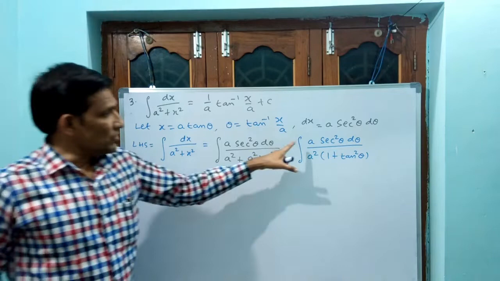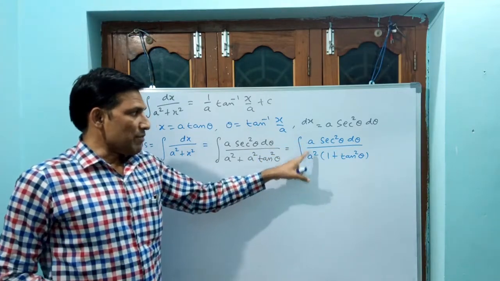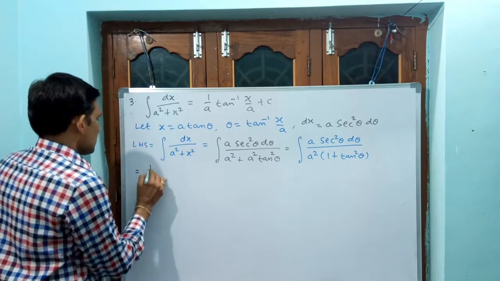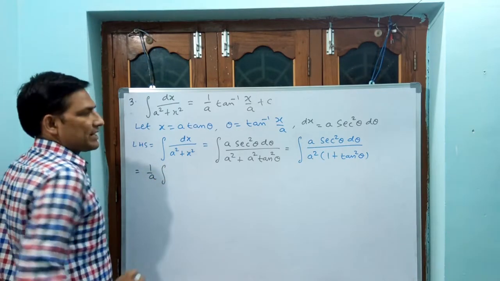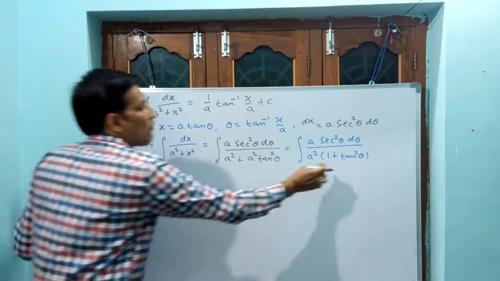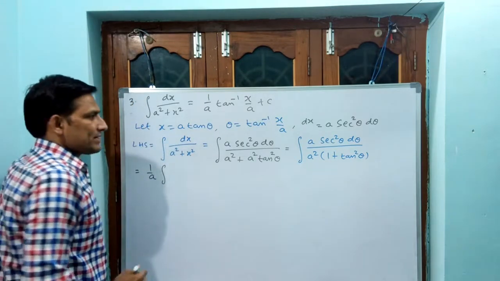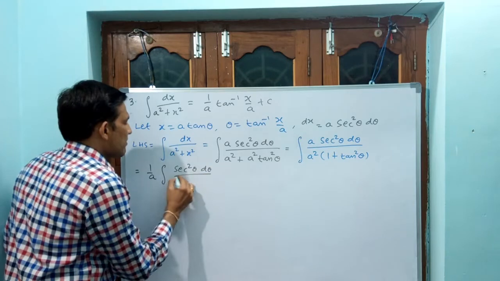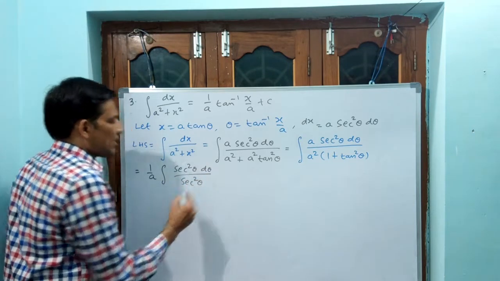I am taking out 1 by a. That is equal to 1 by a integral secant square theta d theta by secant square theta, since 1 plus tan square theta is secant square theta.